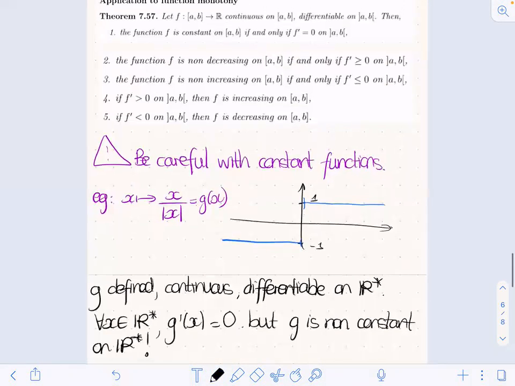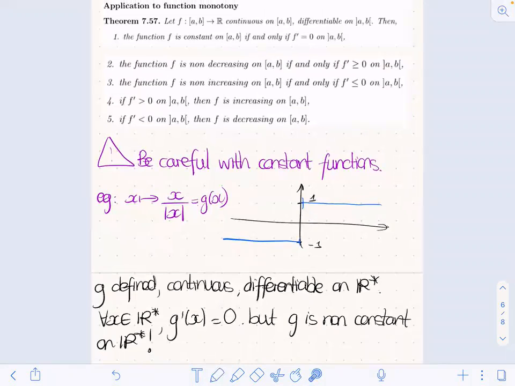And what we have written above is that you're constant on an interval if and only if f prime is equal to 0 on AB. Does this here contradict statement 1 of that theorem? No, because it's constant if we are not passing through 0.